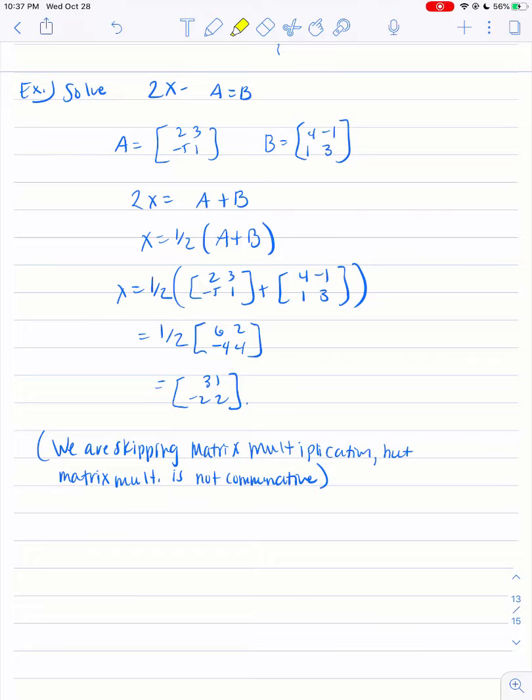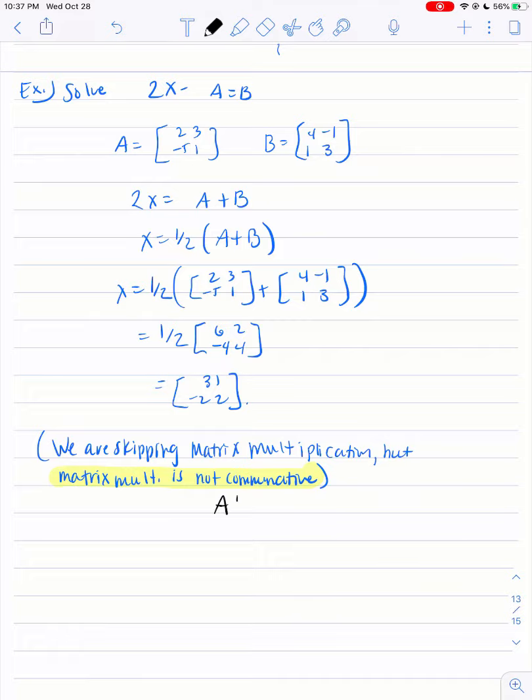Okay, and then you're probably wondering, we're multiplying by a scalar, but what happens if we multiply by a matrix? This chapter covers matrix multiplication, but I'm not going to go over that here. I'm not requiring you to know how to matrix multiply, but if you're interested, you can find it in the chapter. But something good to know is that matrix multiplication is not commutative.